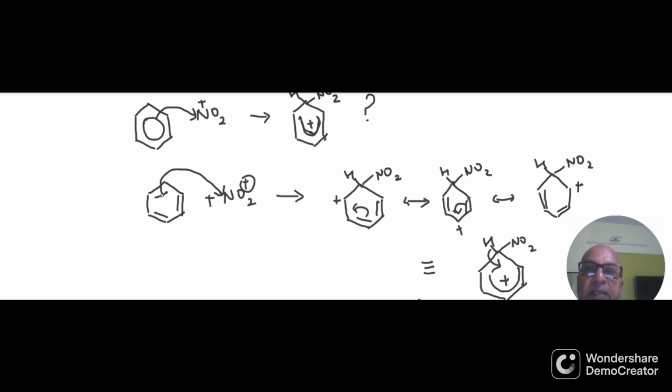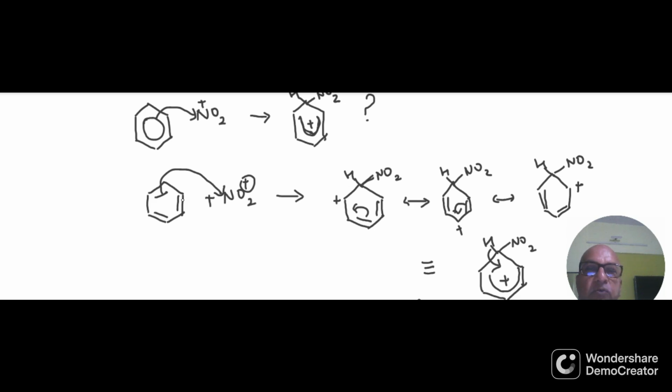Then you show that the electron pair from one of the double bonds is used to form a bond with the NO2. So that leaves only two bonds now, because one electron pair has been used to form this particular bond.